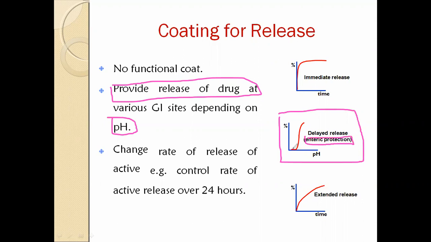You can see here, instead of immediate release, you are going to get a delayed release. So this is the release pattern you get when you plot percentage drug release versus pH. Depending on the pH in the anatomical regions present in a patient's body, the release pattern will be different. So the release pattern you get when you go for enteric coating is the delayed release pattern.